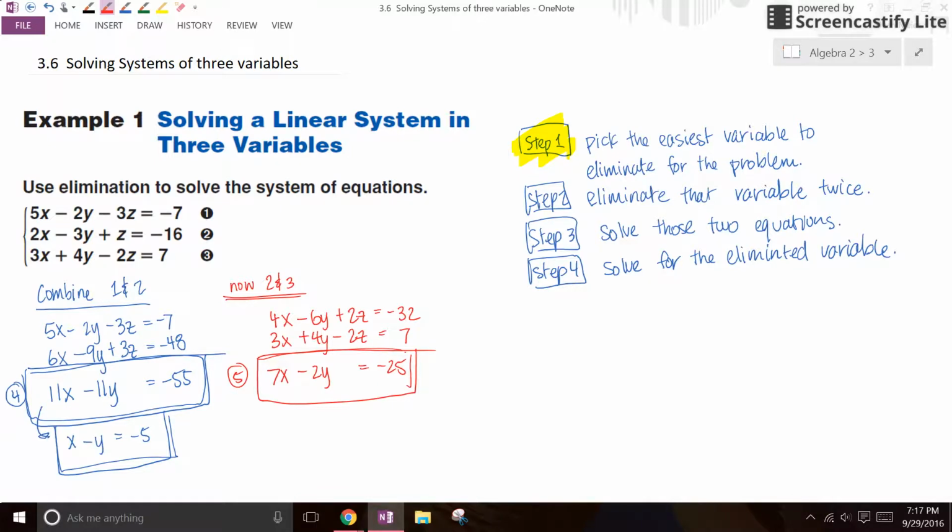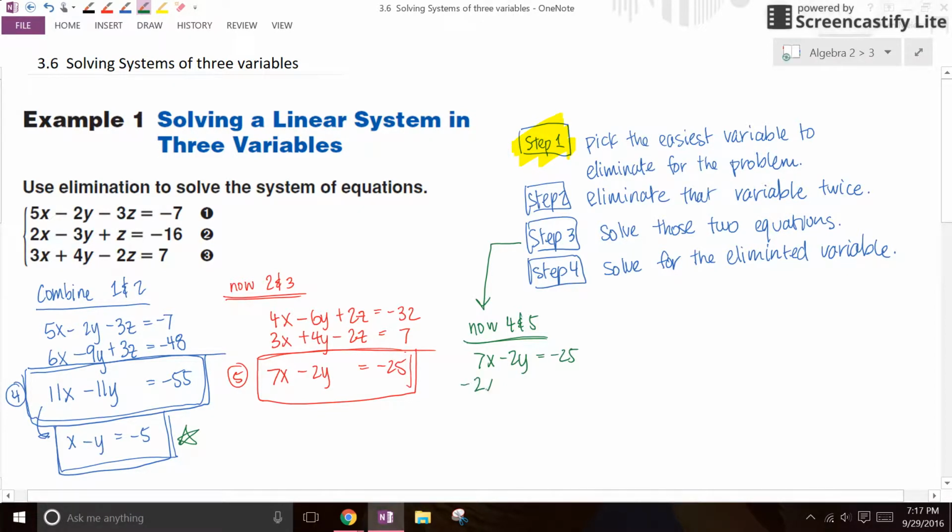So now I will take equation 4 and 5. So step 3 is now do 4 and 5, right? Let's see, I'm going to leave 5 alone. 7x minus 2y equals negative 25. And I got to work with this equation here to get what? The y's to cancel easily. So I'm going to multiply by negative 2.